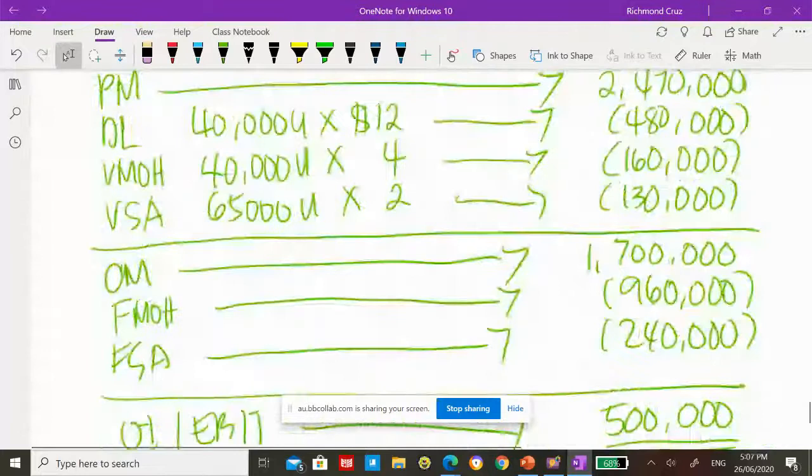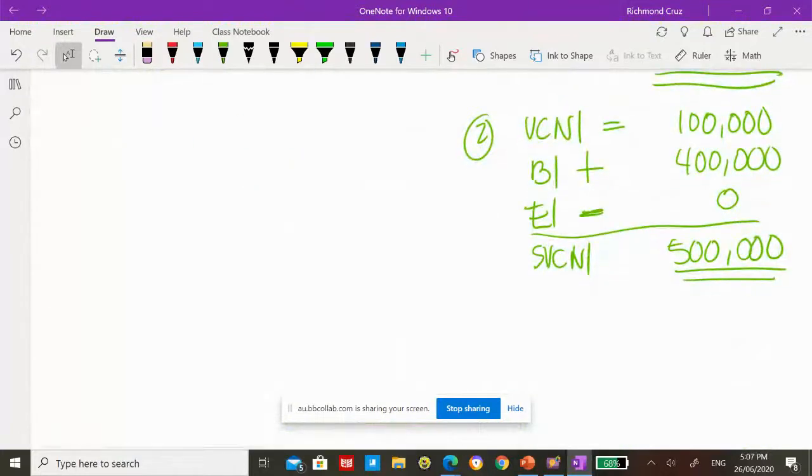That is what we have computed in our income statement. So that's it for the super variable costing net income and for problem 1. We solved problem 1 using super variable costing net income instead of the regular variable costing net income and absorption costing net income.